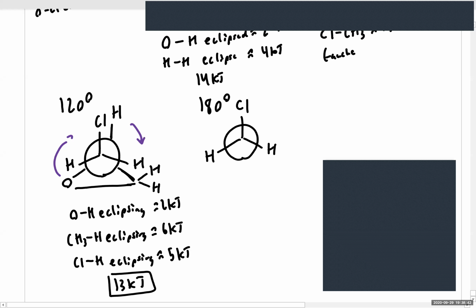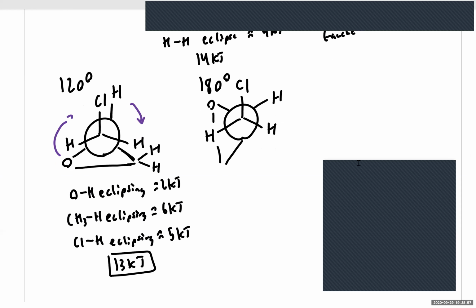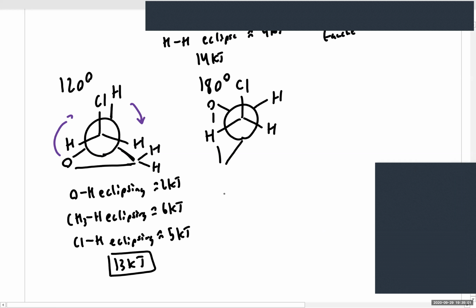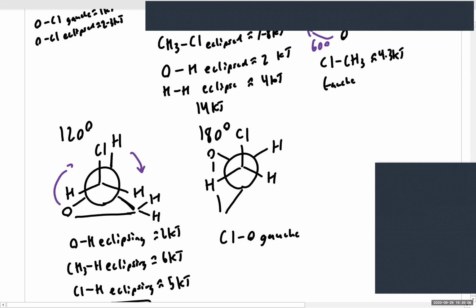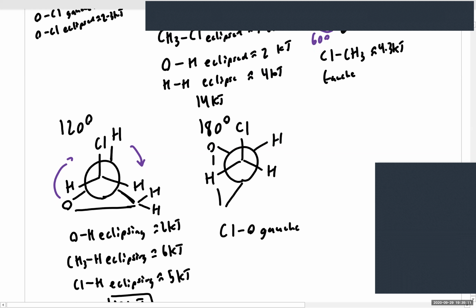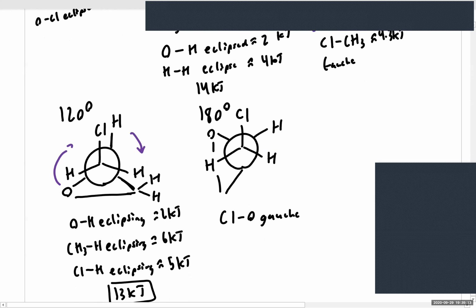So we have our front substituents, and now after a 60-degree rotation, we have the following back substituents. In terms of the interactions that we have, as we discussed previously, we have a chlorine oxygen gauche interaction, which we would expect to cost us around 1 kilojoule.